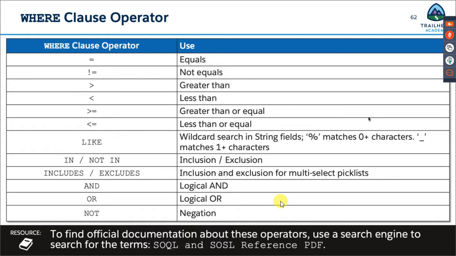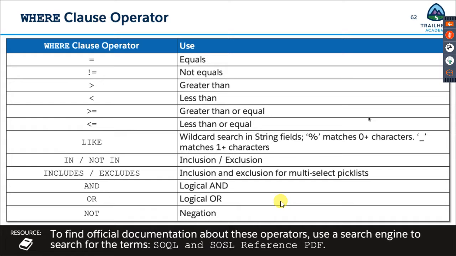So WHERE city equals Toronto, or city equals San Francisco, or city equals Atlanta, or city equals Berlin, or city equals Sydney, or you can just use the IN operator: city IN Toronto, San Francisco, Atlanta, Berlin, and Sydney, and whatnot. All right, cool. Or NOT IN: give me the records that are not in that particular list.